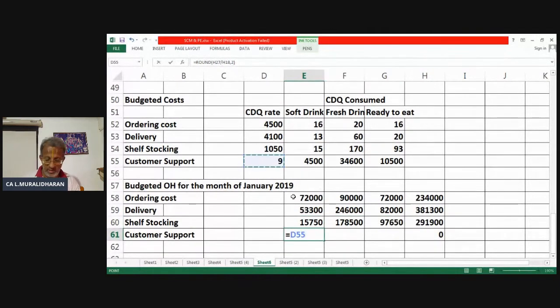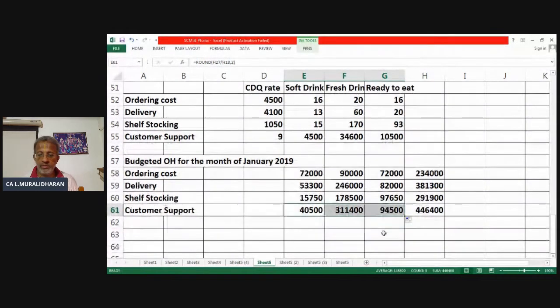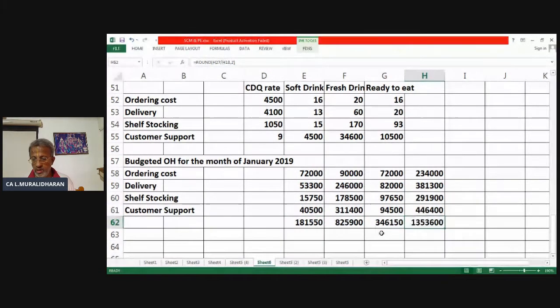Next, 9 multiplied by 4,500. So overall overheads is this. So this is the way we are expected to crack the first part of the question.